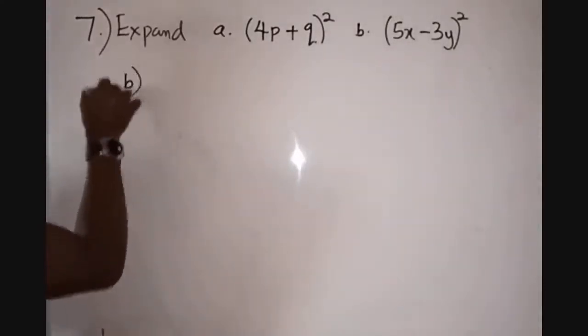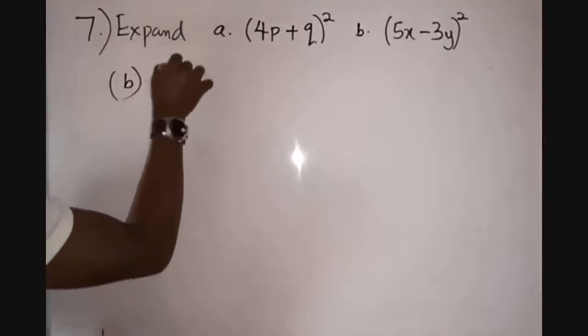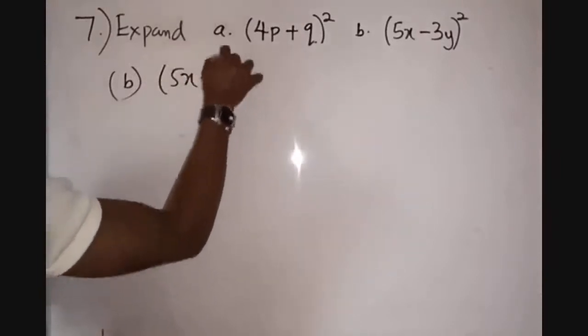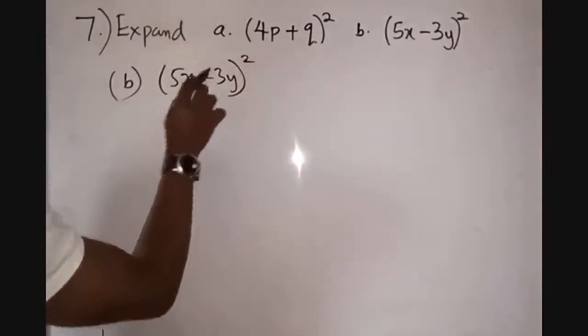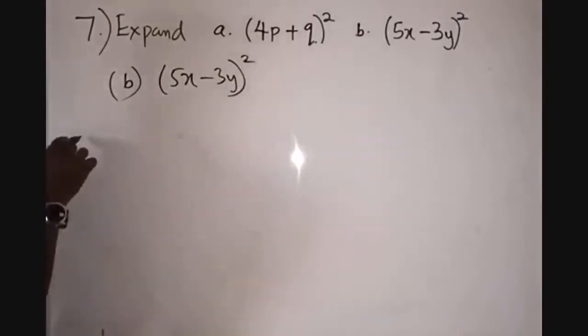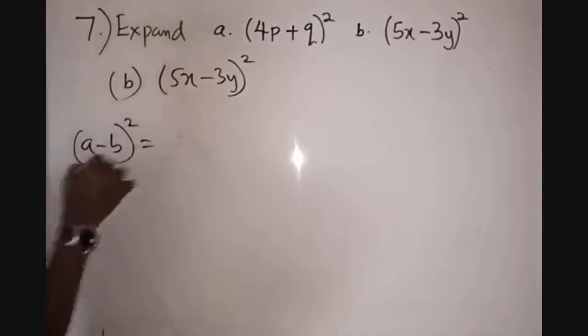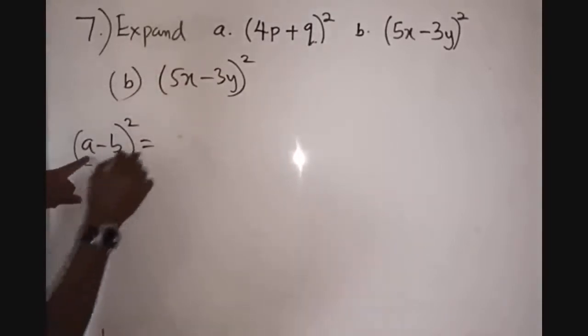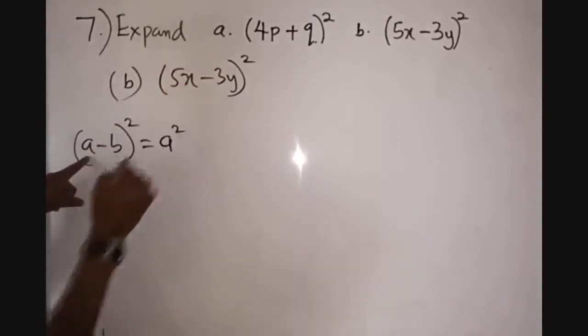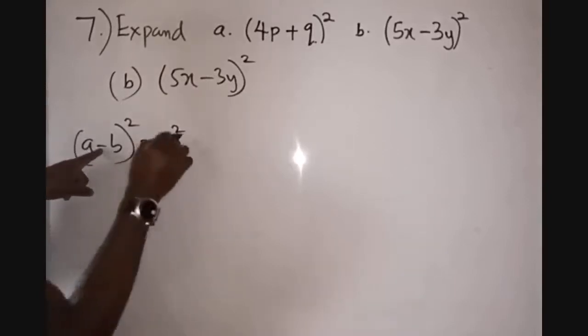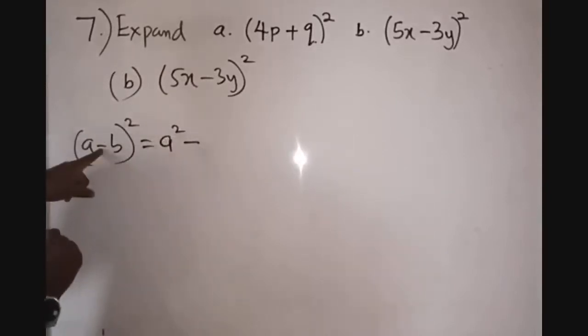So the b part, which is 5x minus 3y raised to power 2. Now this, let's recall, you see that if you have a minus b, only what I just explained now, this should be this one squared, that is a squared. The sign you have here is what you write, this should be minus.